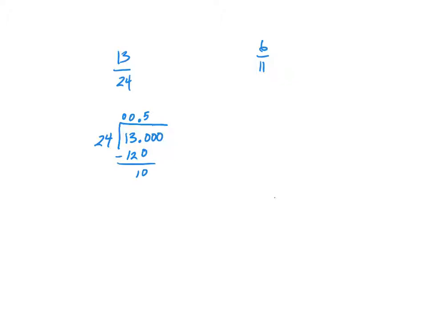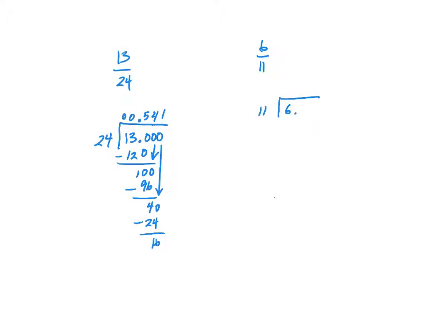A remainder of 10, so I can bring down my next place value. 24 goes into 100 4 times, and 24 times 4 is 96. Bring down my next place value. So 24 goes into 41 time. I could continue my division if I wanted, but I don't know if I need to compare anything after the thousandths place yet, so I'm going to go ahead and do 6/11 as a decimal first.